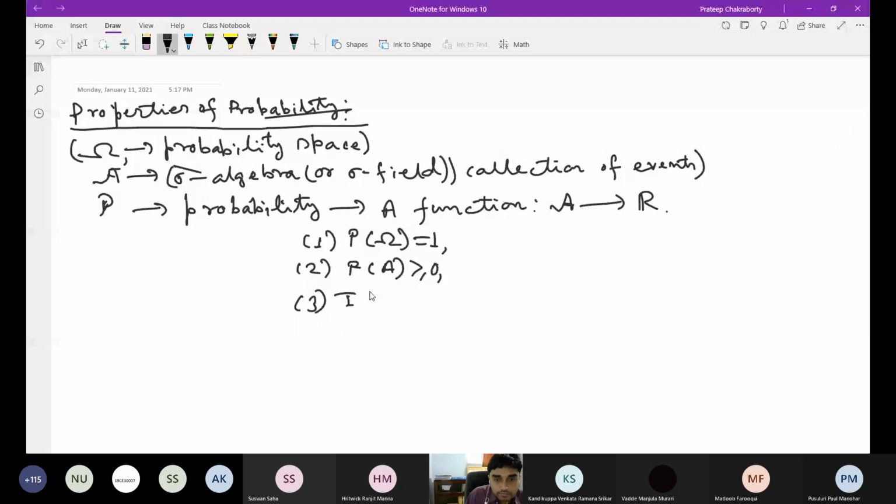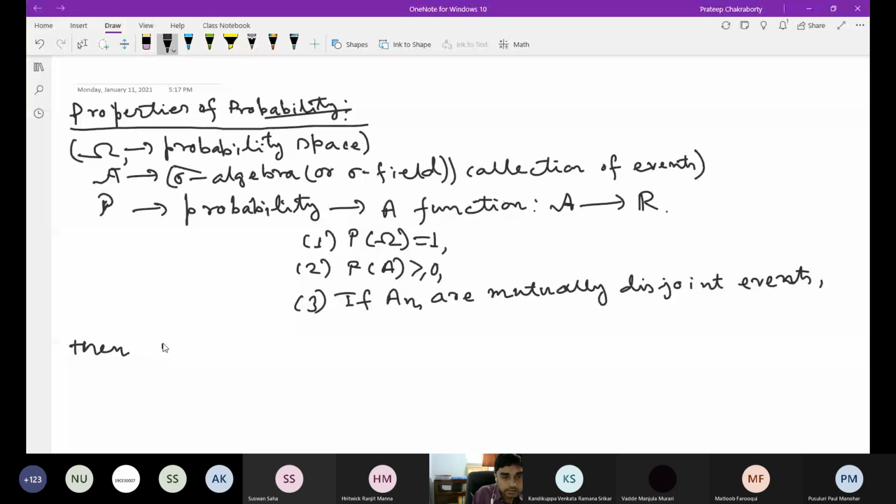Okay, and if A_n are mutually disjoint events, then the probability of the countable infinite union of A_n is equal to the summation of P(A_n). The only condition is that these A_n are mutually disjoint.